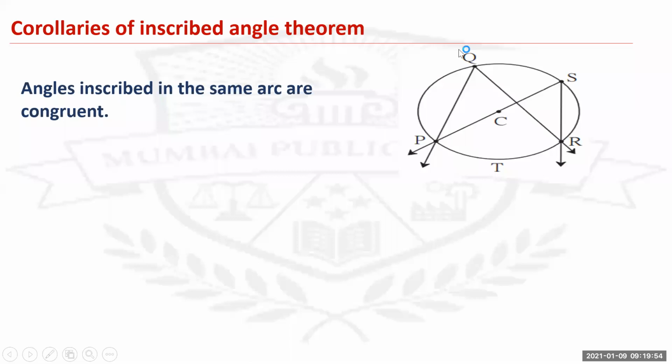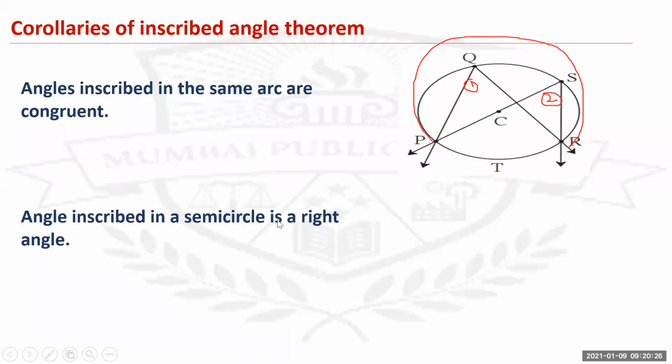Now if you look here, consider arc PQR. Check angle 1 and angle 2. They are inscribed in the same arc, so these angles are going to be congruent.